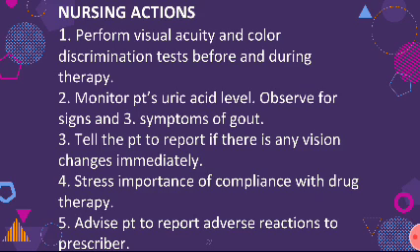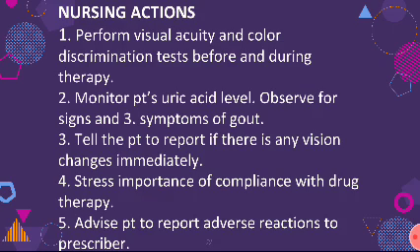So we need to perform visual acuity in order for us to have a baseline of our patient's visual acuity, and in order for us to assess if the patient is experiencing the major adverse effects.